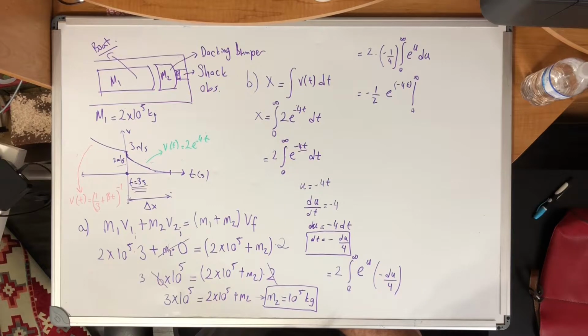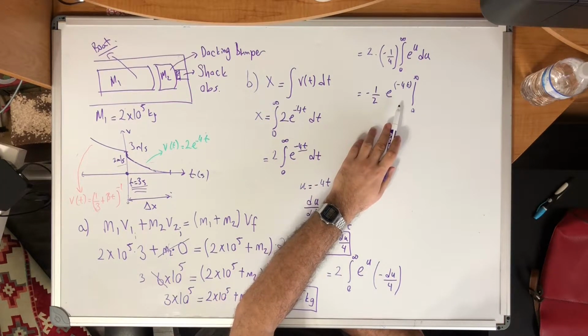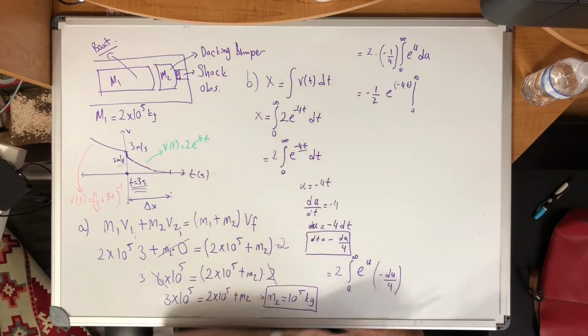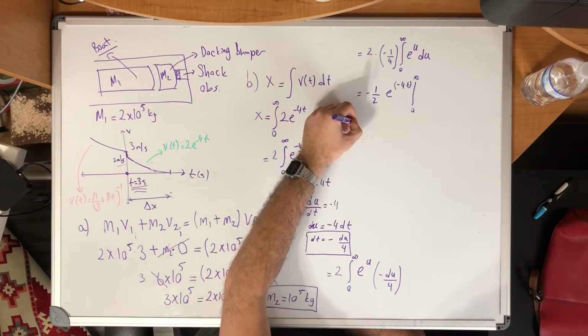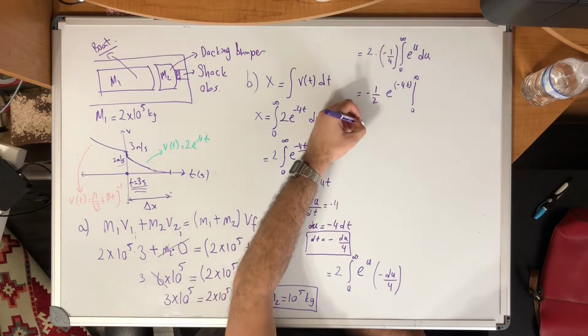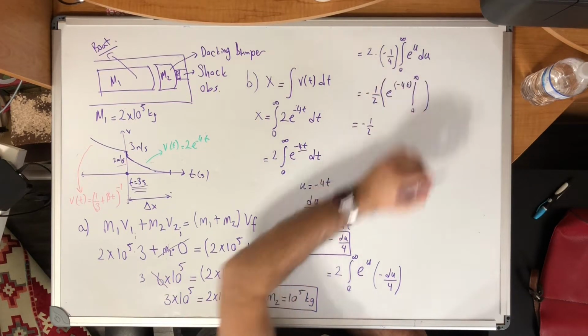So now as you can see, the number came out of the integral. All we need to do is plug in the borders into our equation. So now our x is equal to negative 1 over 2, actually that's also in the parentheses.